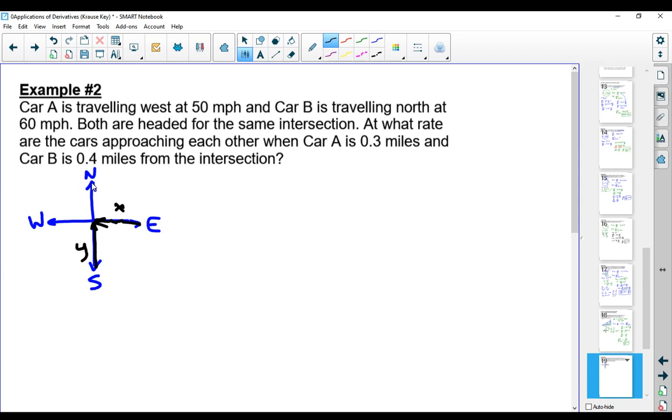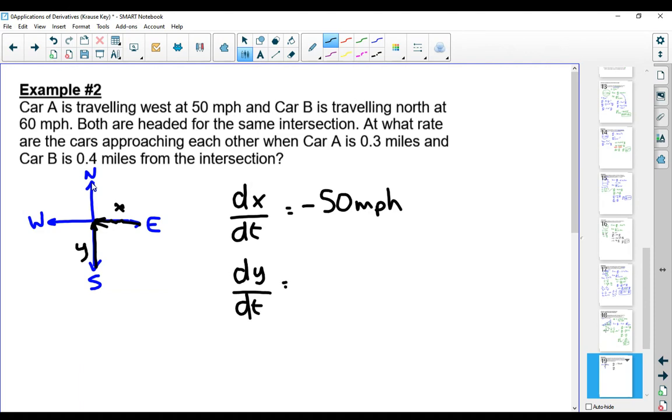Now, both are headed towards each other, so the distance between them is decreasing, so I'm going to use negatives. We're told that car A is traveling west at 50 miles per hour. Car A is x, so dx/dt is negative 50 miles per hour. And car Y, or car B, is headed to that intersection at a rate of 60 miles per hour.